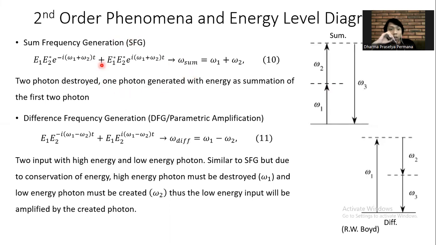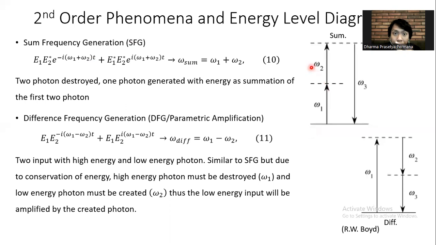Another second order nonlinear phenomenon, which is interesting, is difference frequency generation. This is slightly similar to the sum frequency generation. We use two different fundamental lights with omega 1 and omega 2 frequencies, and then we shoot them into the material, and the material generates what we call omega 3.